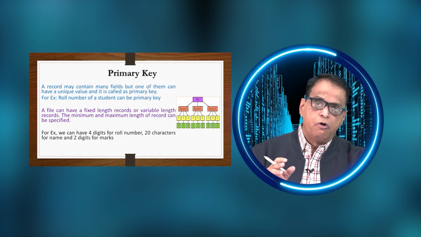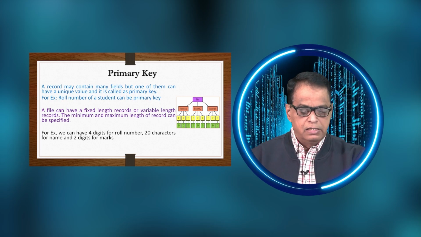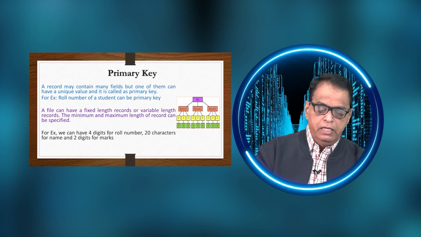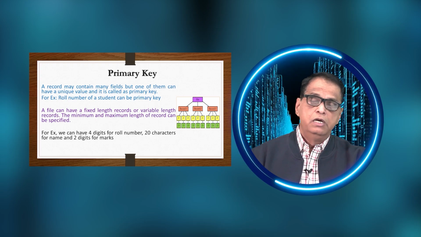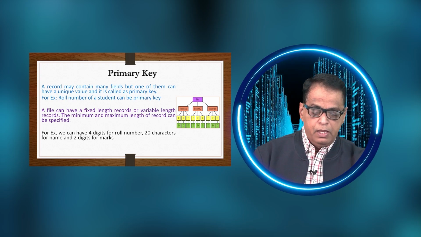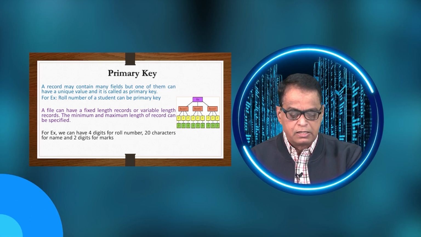The length of the record can either be fixed or it is possible to vary it. For example, we can use 4 or 5 digits for the roll number, 20 characters for the name, and 2 digits or sometimes 3 digits for the marks.